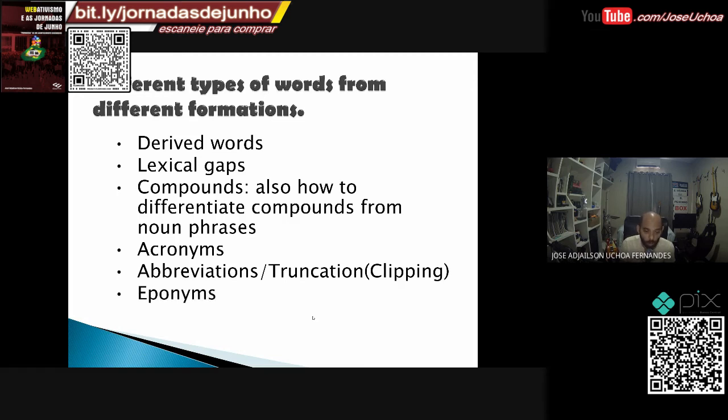And eponyms. Okay. Eponyms are, for example, Newtonian physics or Foucauldian theory or Victorian era, Elizabethan literature, Machadian novels.